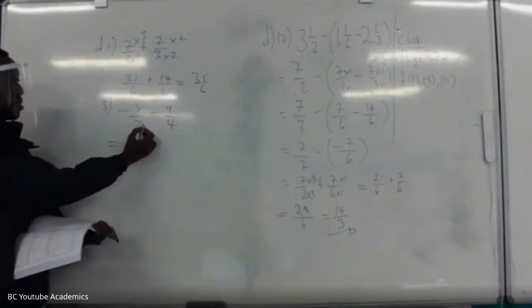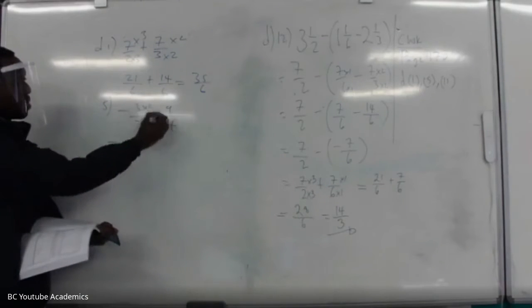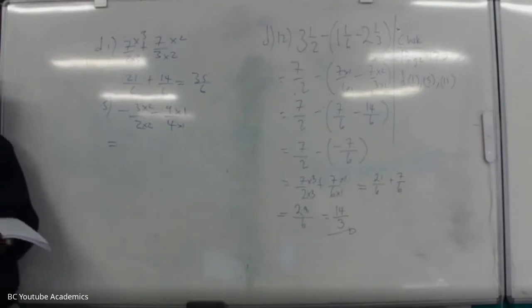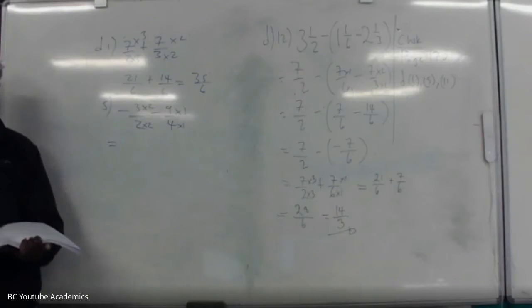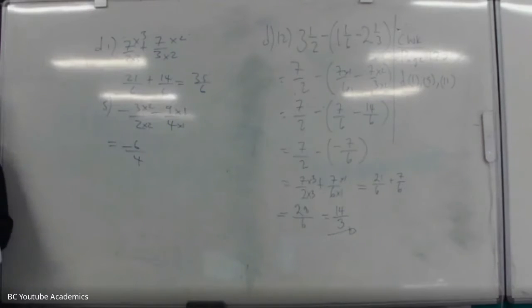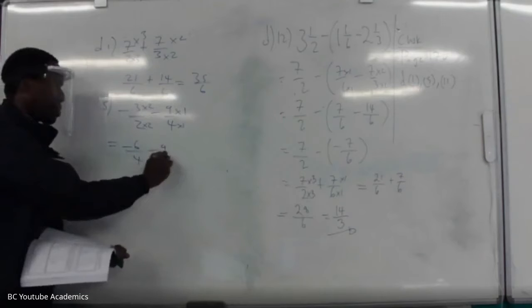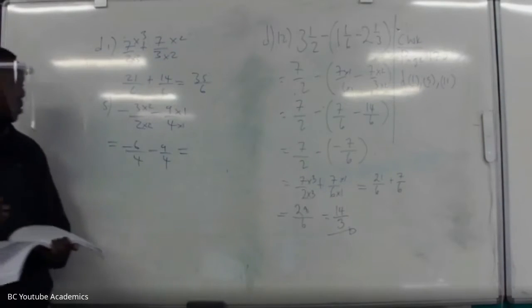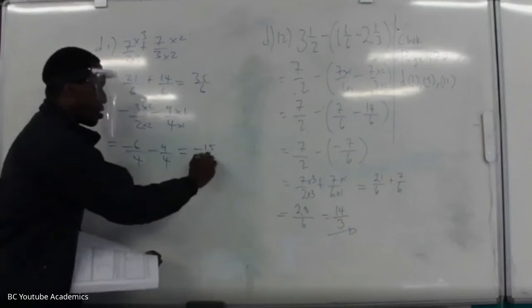So you times by 2, and then times by 1. Then that would equal negative 6 over 4, minus 9 over 4, and then that's equal to negative 15 over 4.